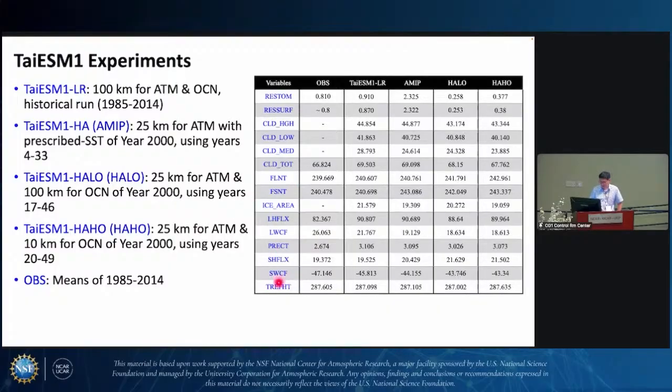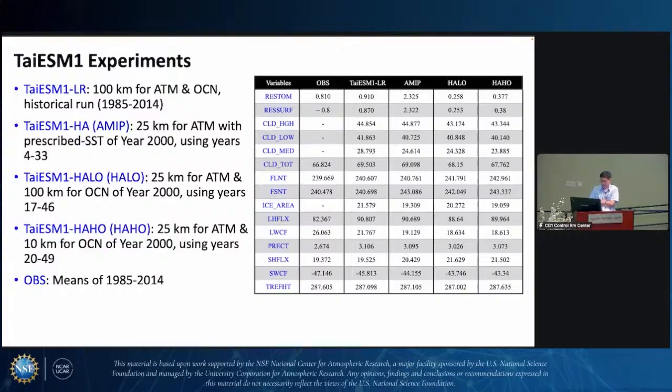As we can see, for example, the surface air temperature in all the simulations is quite close to observation. And also the top of atmosphere radiative budget residual is quite close to observation, with a little bit positive value indicating global warming.